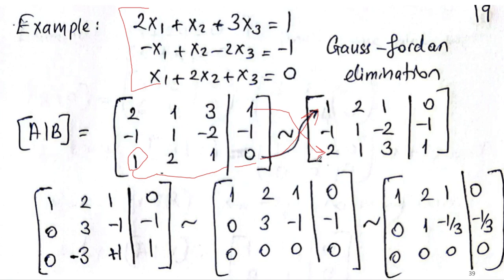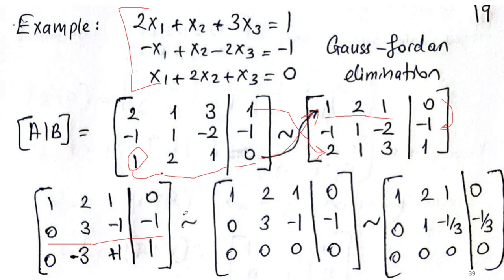And as usual, the goal is to make the below-the-diagonal terms equal to 0, and we can do that by adding the first row to the second one, so this will become 0, 3, and minus 1. So this is our new second row after we add.